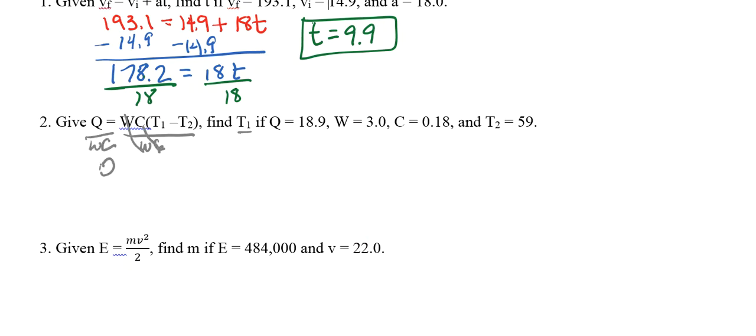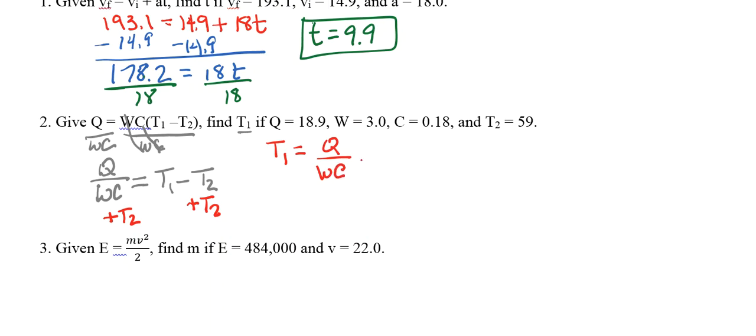That gives us Q over WC equals T1 minus T2. Then if I want T1 by myself, I still need to move the T2, so I'm going to add the T2. So I end up with T1 equals Q divided by W times C plus T sub 2.